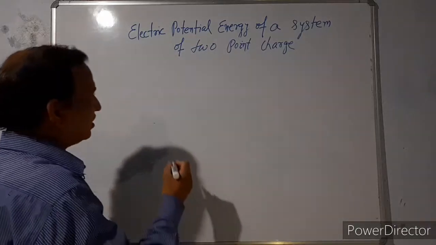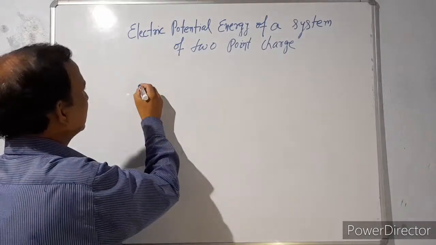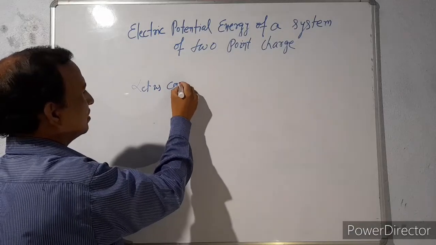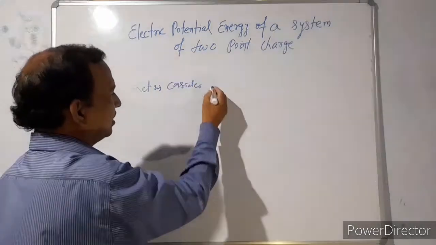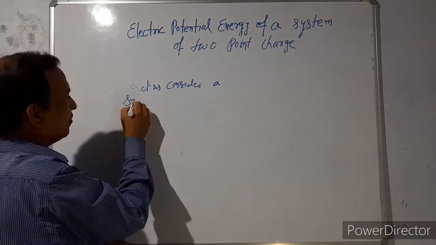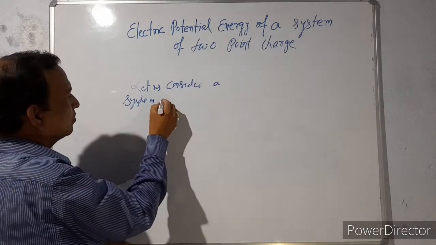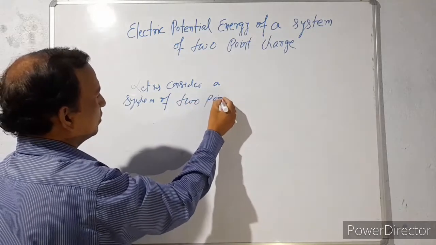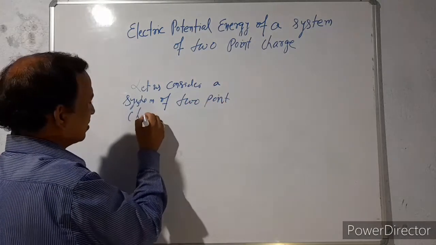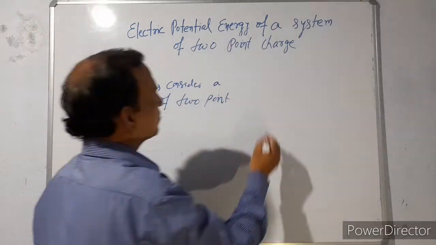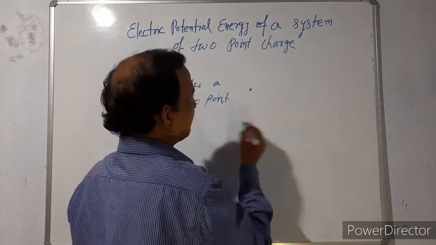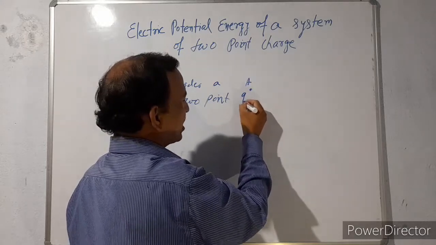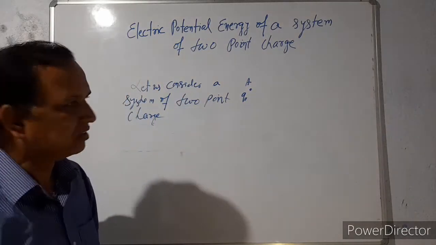So let us consider a system of two-point charges. At point A, a charge Q1 is placed.